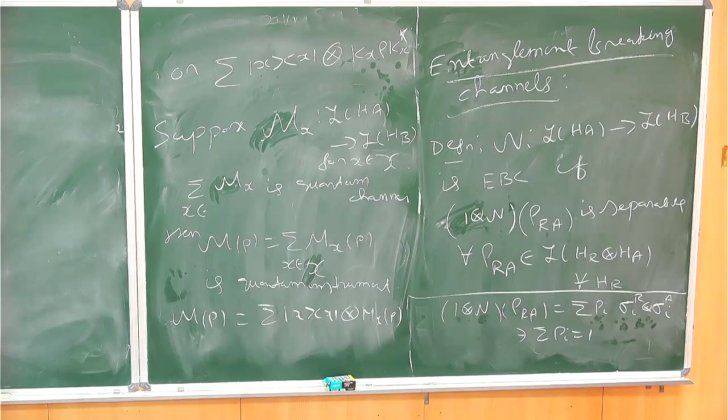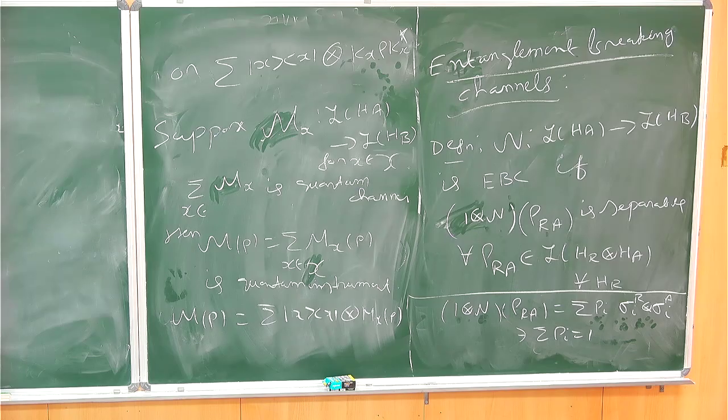So suppose the Choi matrix of AB is separable. Then for any rho_RA in L of H_R tensor H_A, you write 1 tensor N of rho_RA. If you remember, we have proved this.